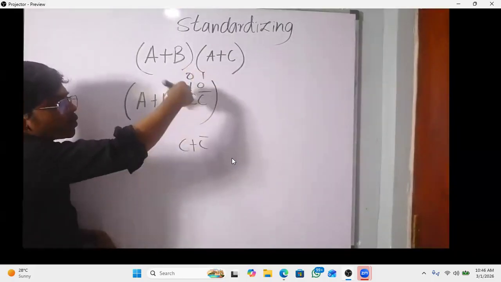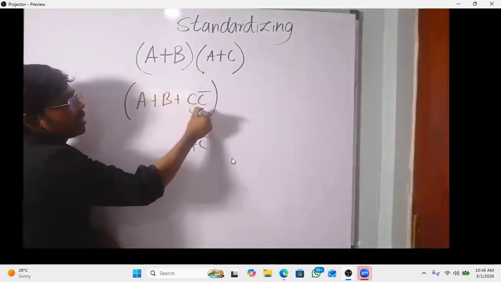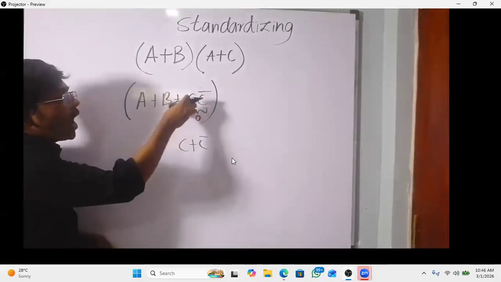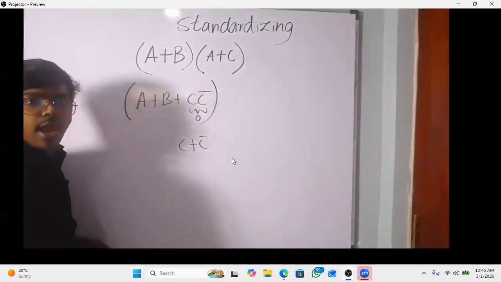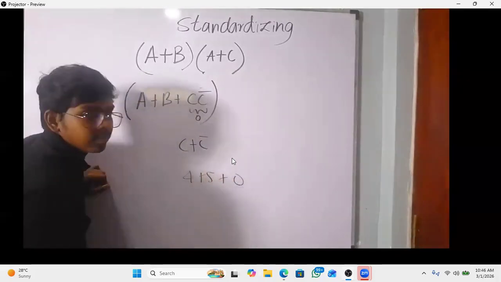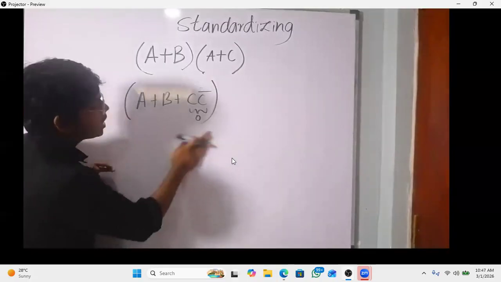So if you multiply this, anyway, the answer is 0. And if you add 0 to this one, no change. Adding a 0, like 4 plus 5 plus 0, no value change. Understood? That is why I added this.